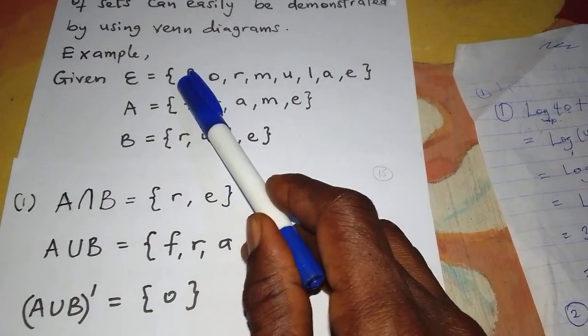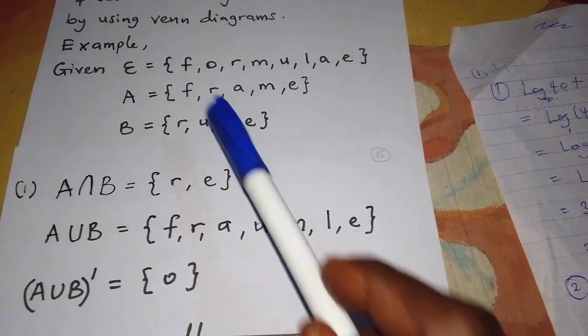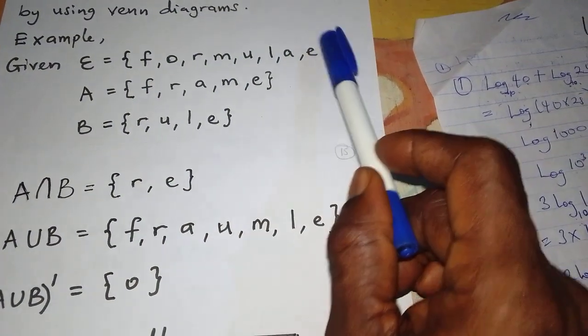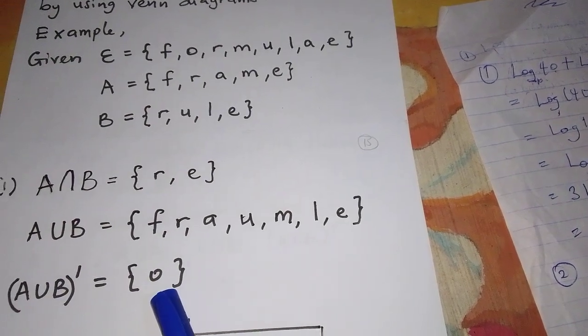That is what is in the universal set, but not in A union B. So what is in the universal set, but not in A union B? We have the letter O.